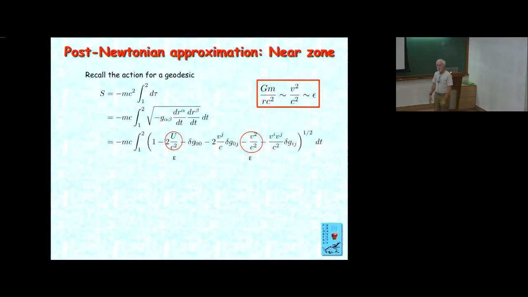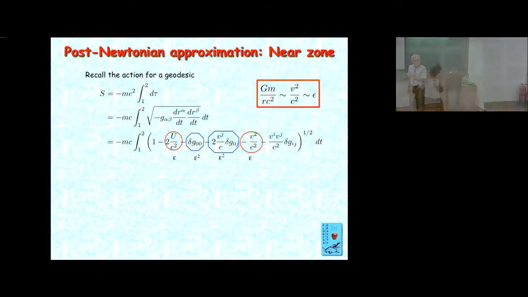Now, what we want is post-Newtonian theory, which means we want to go to order epsilon squared. So that tells us that we need to know this guy to order epsilon squared. We need to know the next correction in the 0, 0 part of the metric. Also, well, v is of order epsilon to the 1/2, but then G0j, it looks like it's going to be order epsilon to the 3/2.